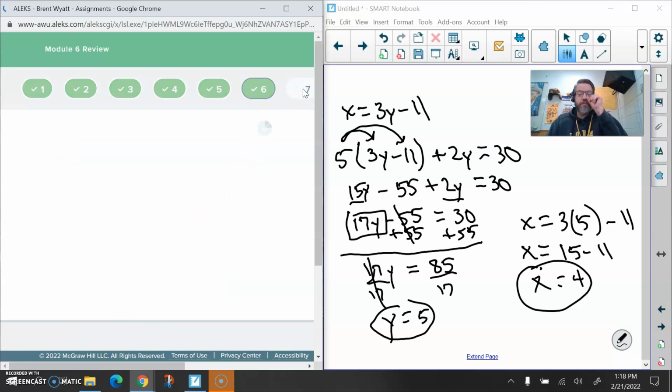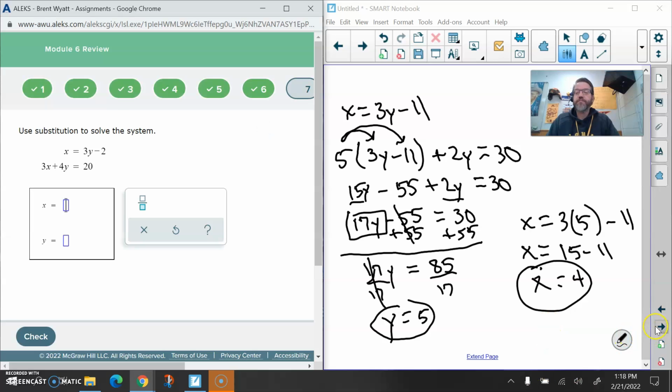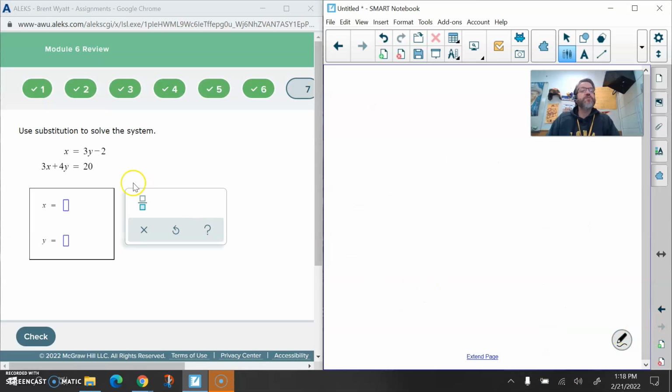All right, number 7. Use substitution to solve this system. Look how similar this is to the last one we just did. We have x equals 3y minus 2, and then our second equation, which is in standard form, 3x plus 4y is equal to 20.